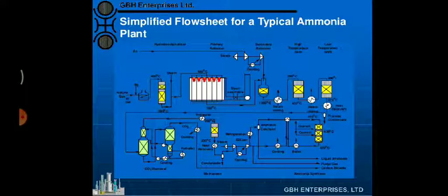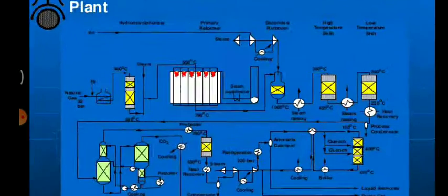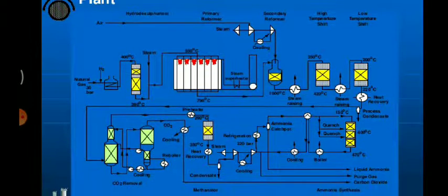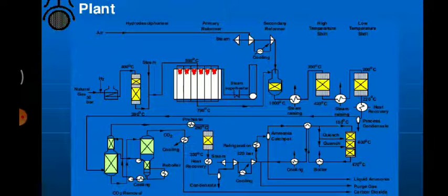Simplified flow sheet from a typical ammonia plant. So this process we will see. Okay, what exactly here: the air and the natural gas plant, the ammonia synthesis process is like this.